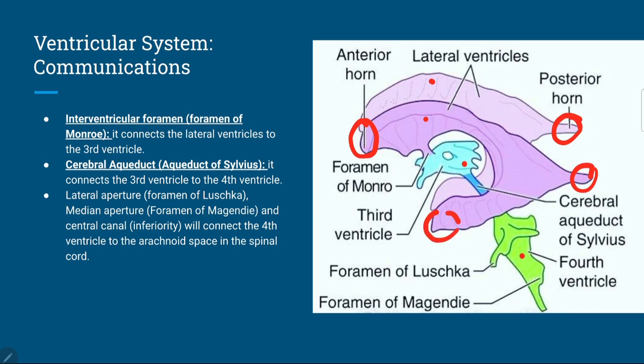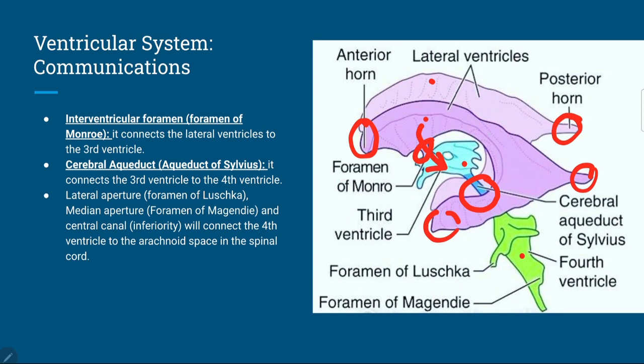The very first one is the interventricular foramen, or foramen of Monro. The cerebrospinal fluid flows from there to here into the third ventricle. This is the connection. The next one is the cerebral aqueduct, or aqueduct of Sylvius, which connects the third ventricle to the fourth ventricle. This one right here is the cerebral aqueduct of Sylvius.